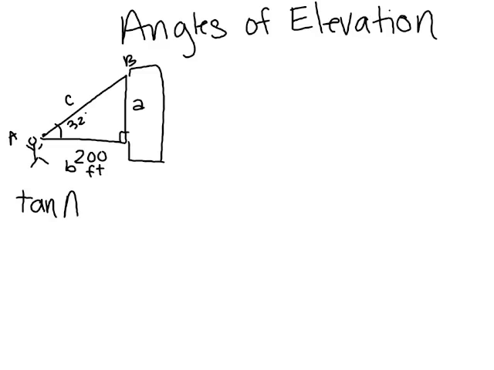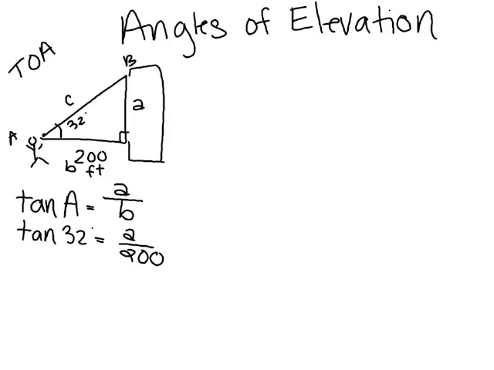So the tangent for angle A, so tangent, opposite over adjacent. So opposite angle A, side A, and then adjacent, side B. So then fill in what we know. Tangent for 32 degrees equals side A over 200 feet.